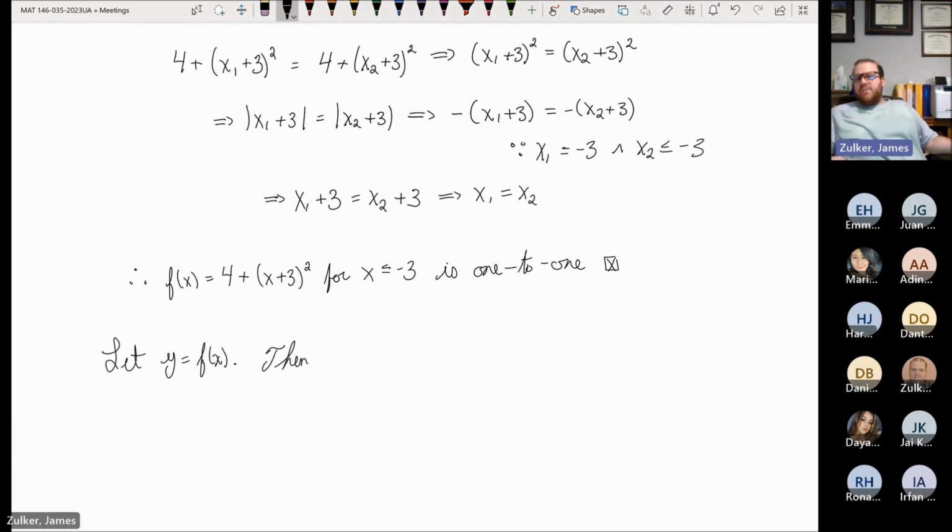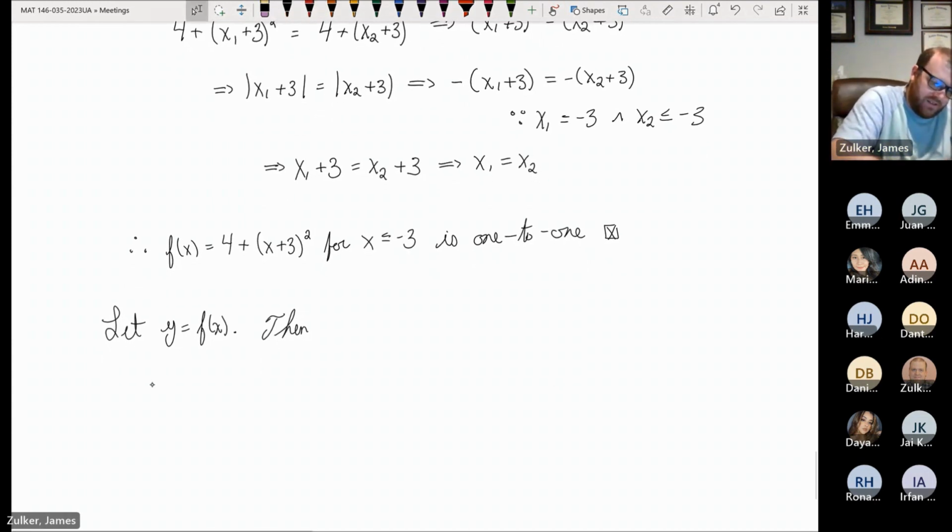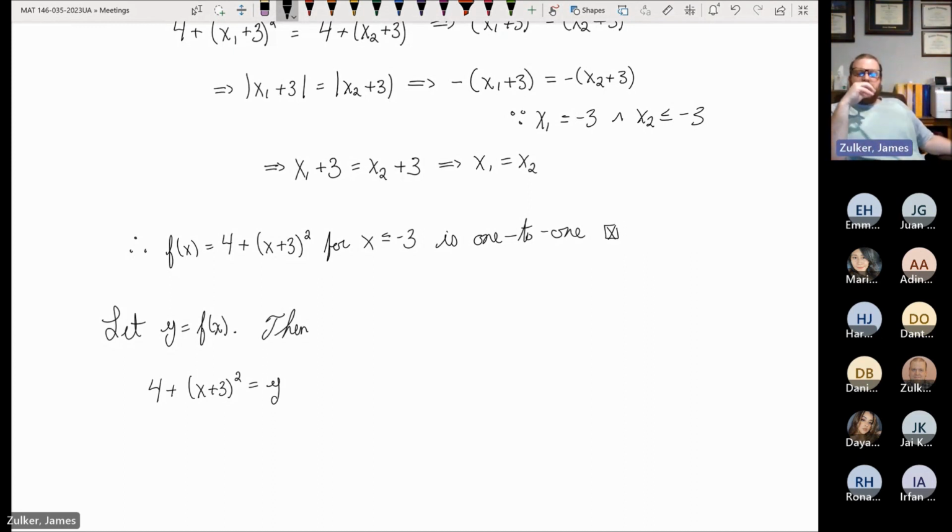Then we're going to say y is equal to f of x. That means that 4 plus the quantity of x plus 3 squared has to be y. Subtract both sides by 4.